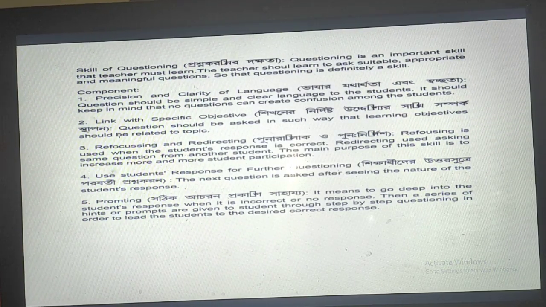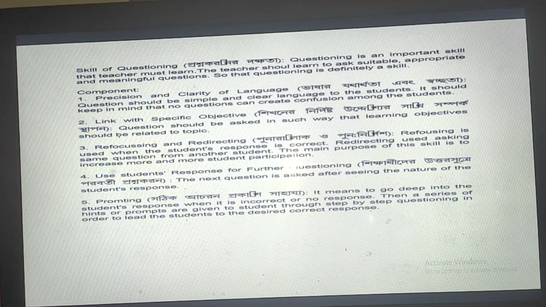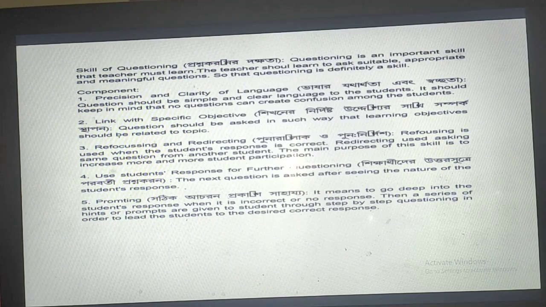Next, link with specific objectives. There are several types of learning objectives, such as knowledge base, understanding base, applying base, and skill base.